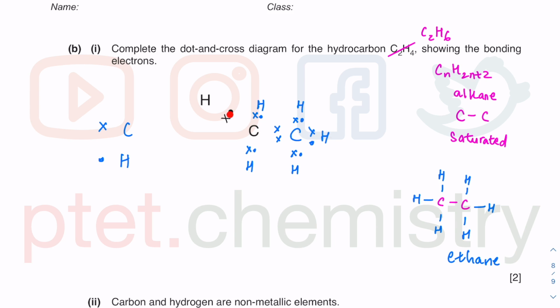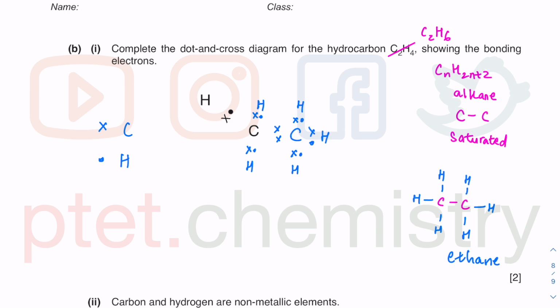So this is your single bond between carbon and carbon. So 1 electron from carbon, 1 electron from the other carbon, single to the hydrogen, 3 of them, C2H6, according to the formula there.